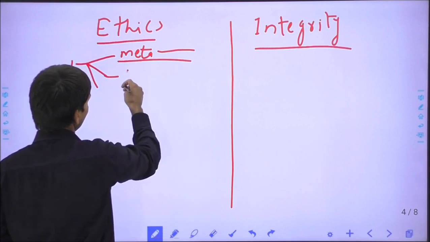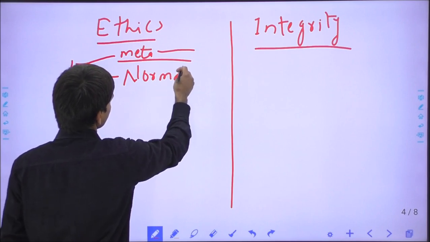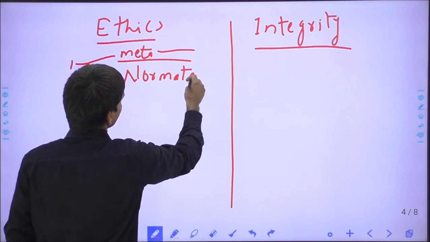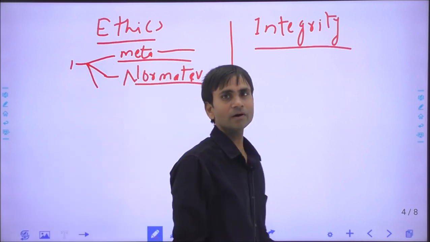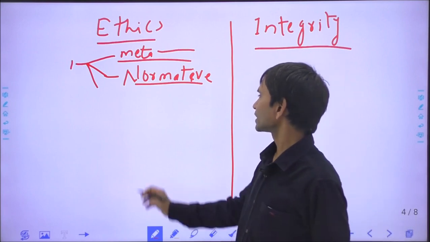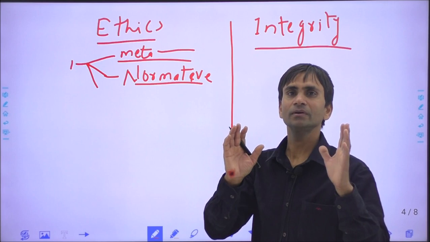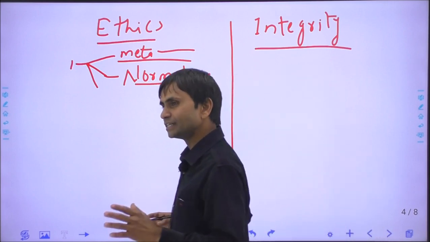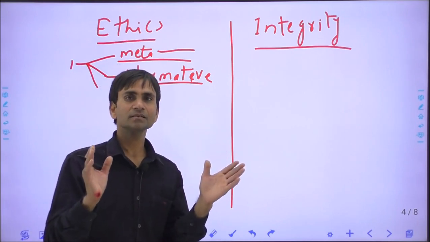But normative ethics prepares some norms or standards for determining the right and wrong behavior of human beings or any civil servant. There are so many norms for which action of a human is considered right, so many philosophies or approaches.